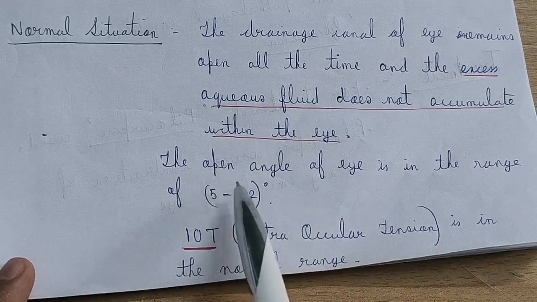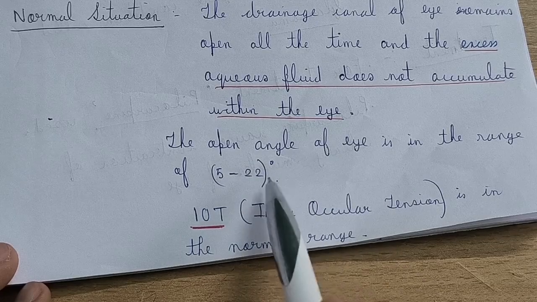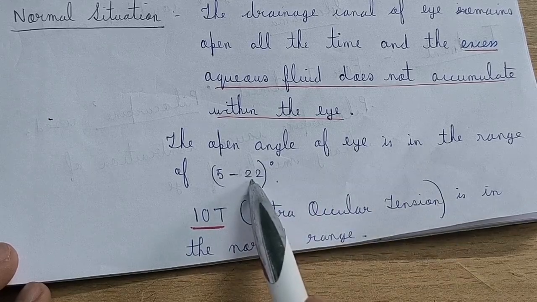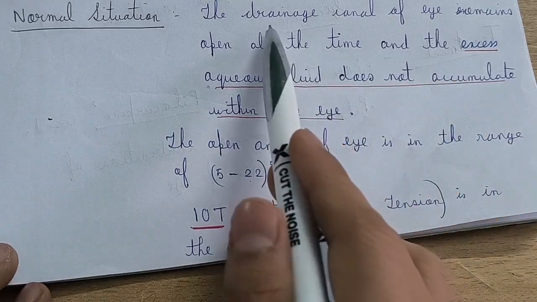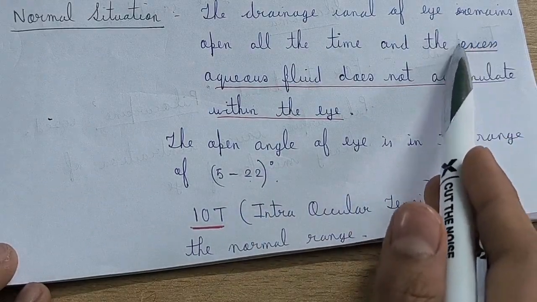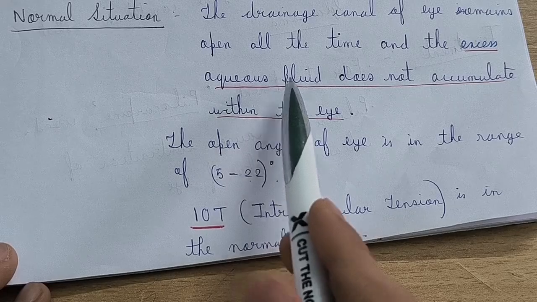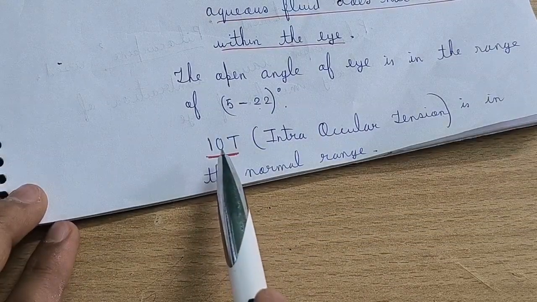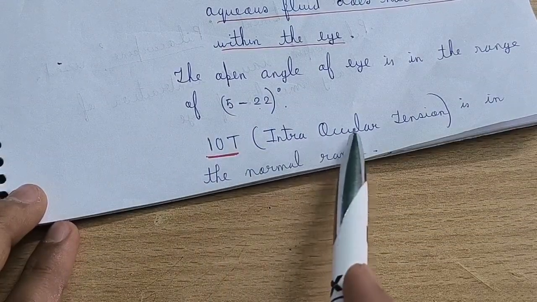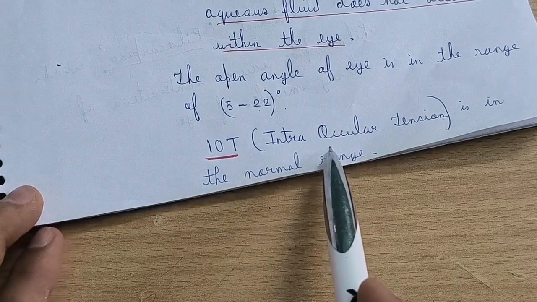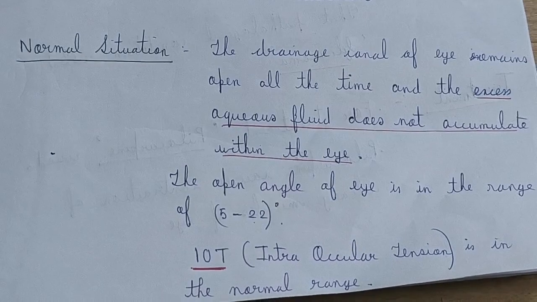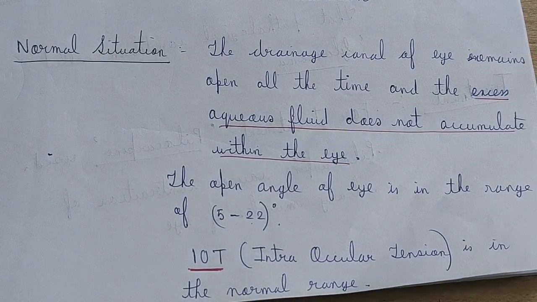Because the open angle of the eye also remains within the normal range, and the normal range of the angle of the eye is 5 to 22 degrees. Since the drainage canal of the eye always remains open, the excess aqueous fluid does not accumulate, and due to this the intraocular tension or intraocular pressure within the eye also remains within the normal range. So this is the description of the normal physiological process of the aqueous fluid within the eye.